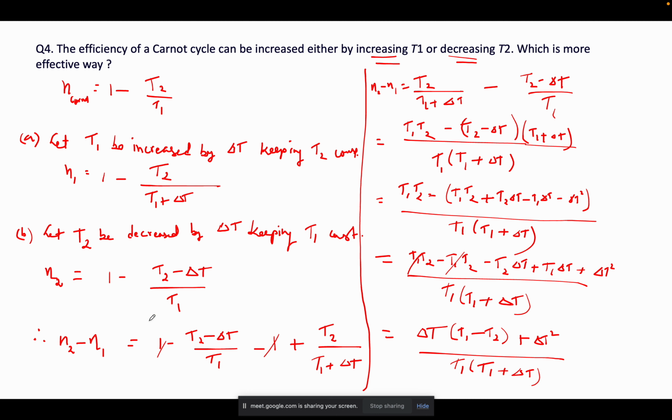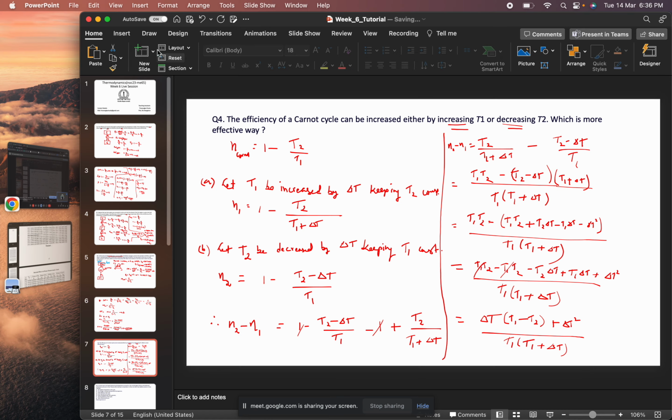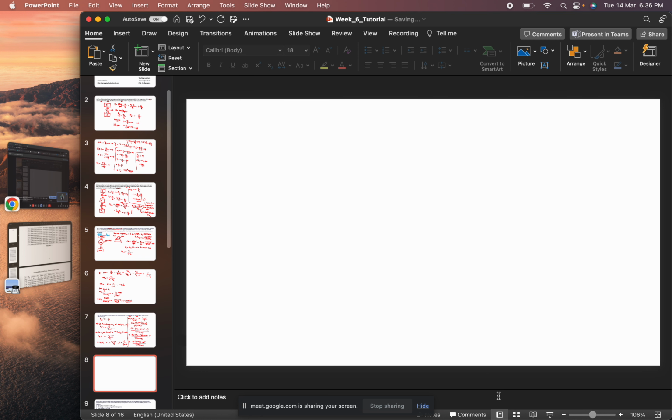Since T1 is greater than T2, therefore I got eta 2 minus eta 1 is greater than 0. That's why I got eta 2 is greater than eta 1.